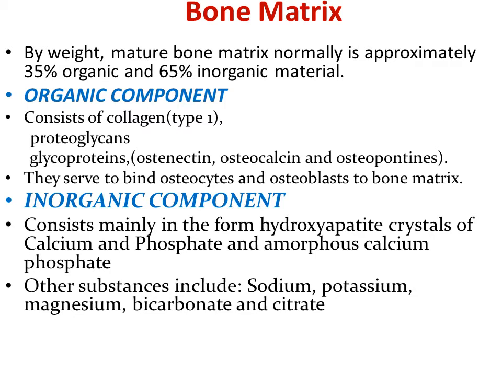The collagen of the bony matrix is type 1 collagen fibers and accounts for more than 90% of the organic component of the bone matrix. This very high content of collagen makes the bone resistant to tensile stresses.